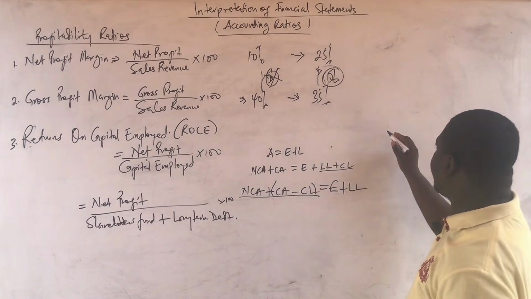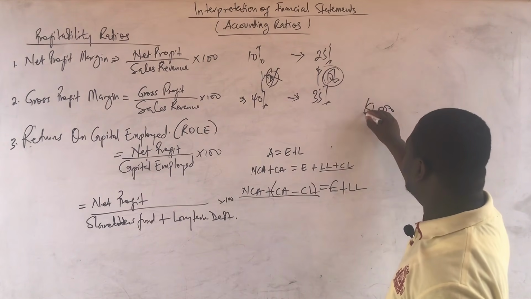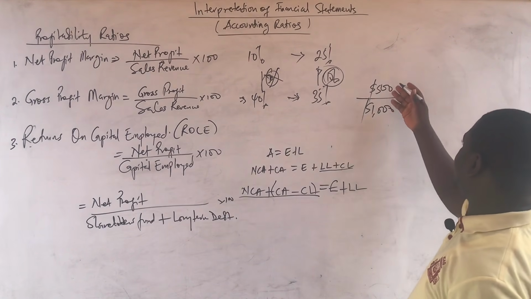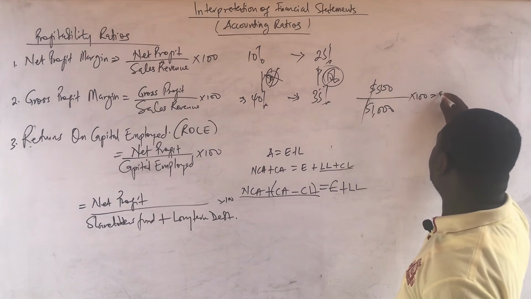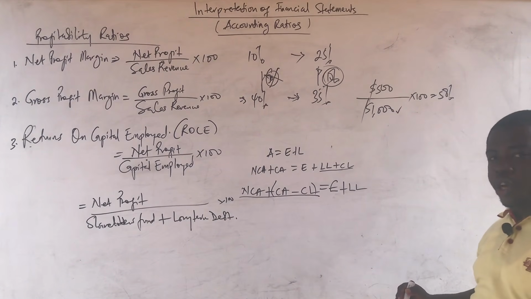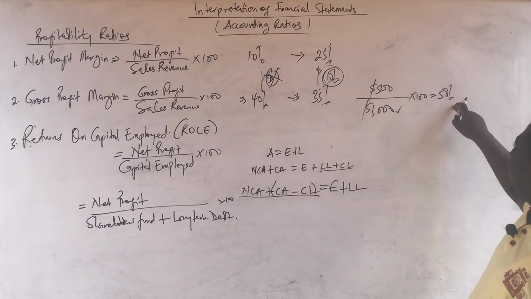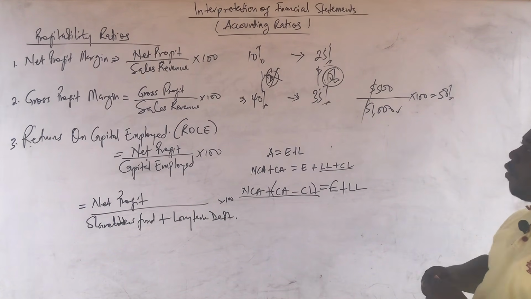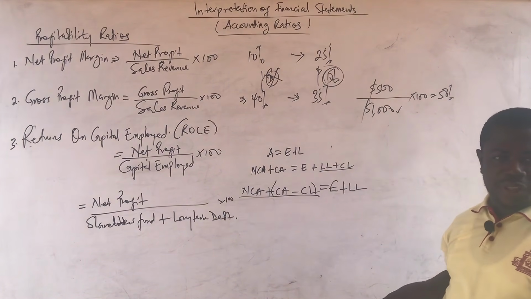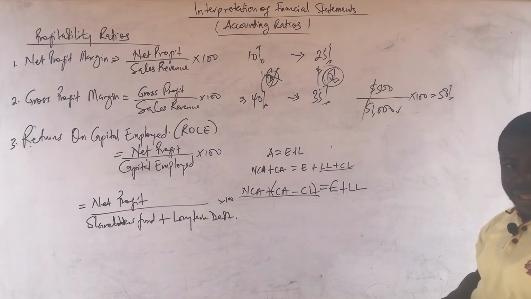If you employ capital of $1,000 and it is giving you a profit of $500, then this is 50%. Times 100 is going to be 50%. So it means that on this capital of 1,000 that you have employed in your business, you are getting a return of 50%. The ratios are a way of using percentages to analyze our profitability, and we will understand that better.